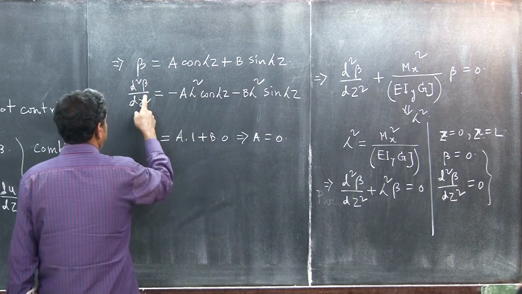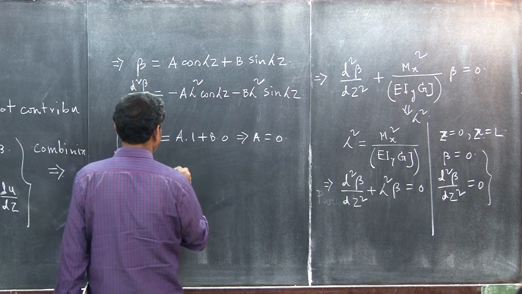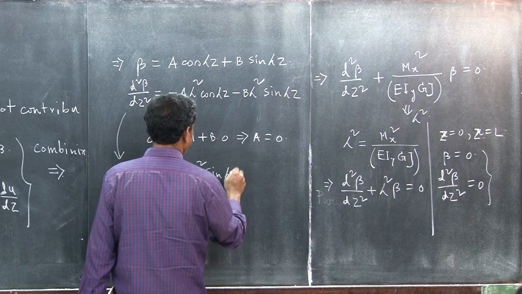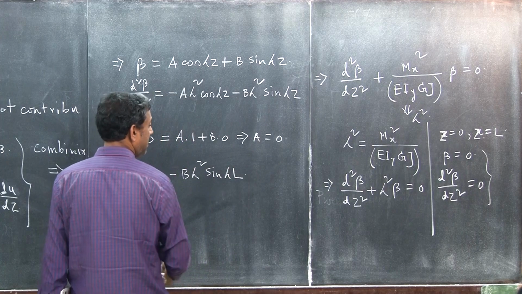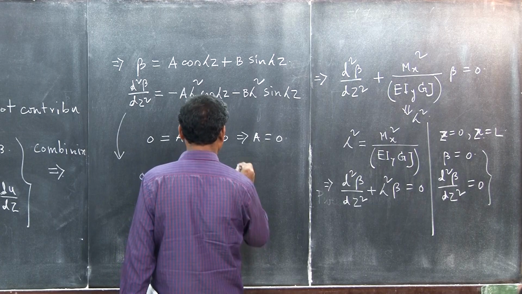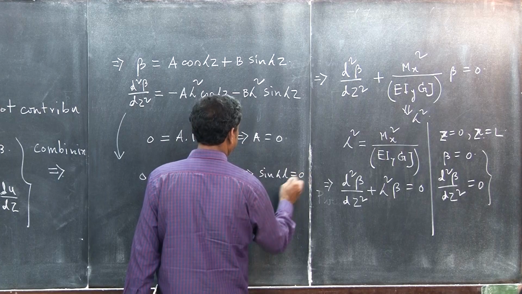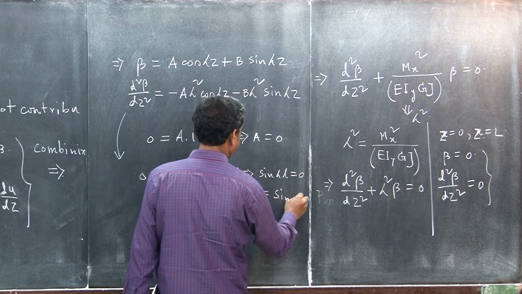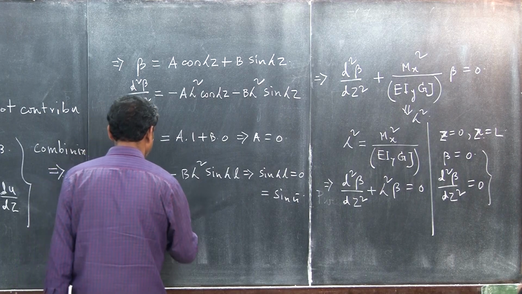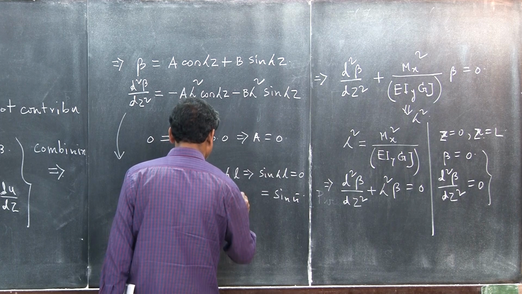Then substituting at z equal to L, 0 is equal to minus b lambda square sine lambda L. That means sine lambda L must be equal to 0, so lambda L is equal to pi, and lambda square L square is equal to pi square.